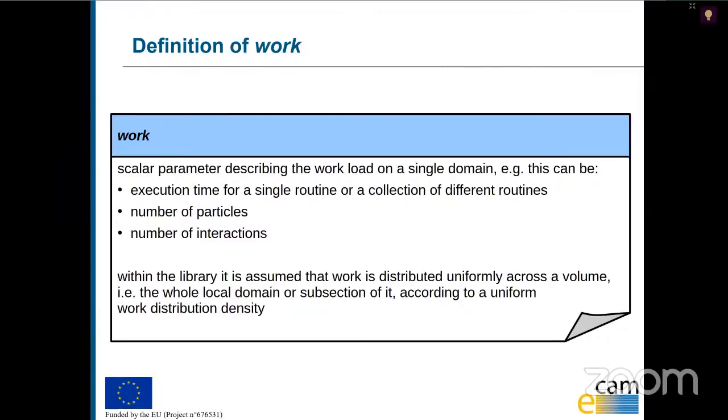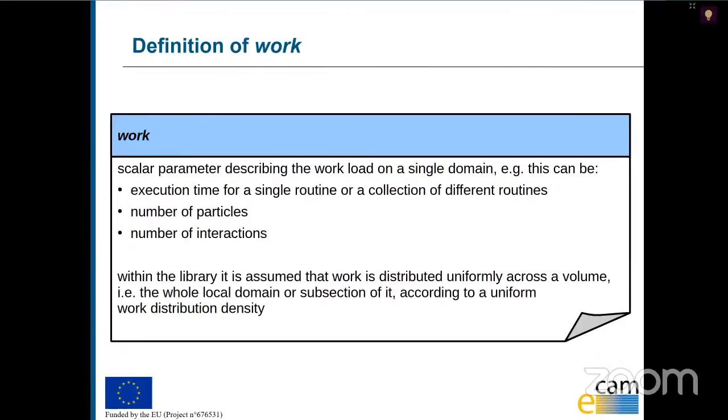This might be the execution time of a single routine or a collection of different routines, for example, the routines to compute interactions or to communicate particle data between processes. On the other hand, it might also be the number of particles or the number of interactions or other values that are connected to the work on the different domains.